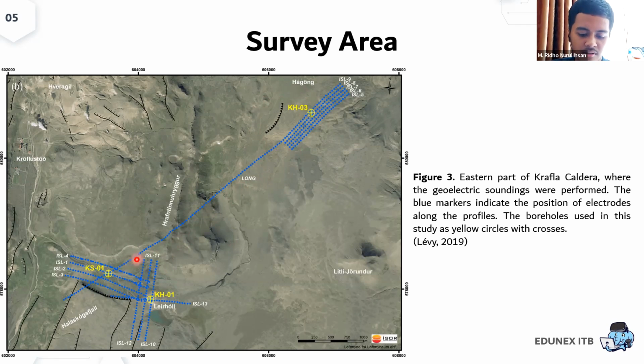For the measurement, a total of 1.2 kilometer long profile was shot with ERT and IP. And the additional long ERT profile, indicated by long, was measured as a continuation of the ISL line profile all the way to the KS1 site.